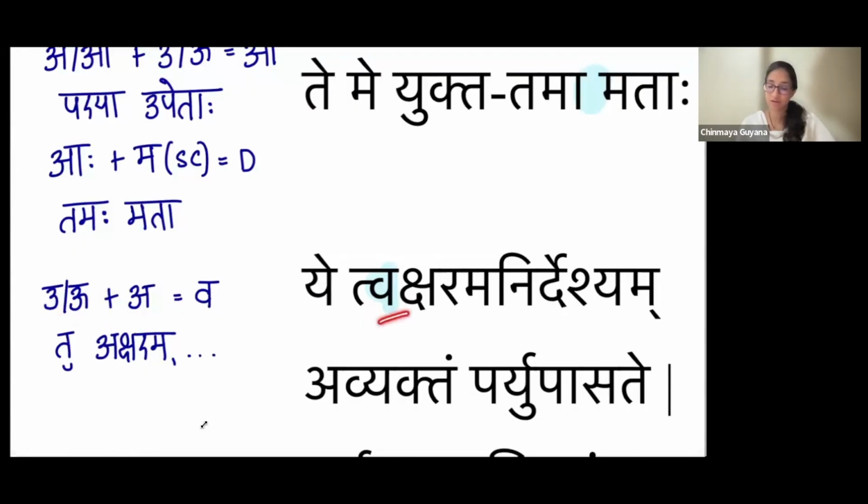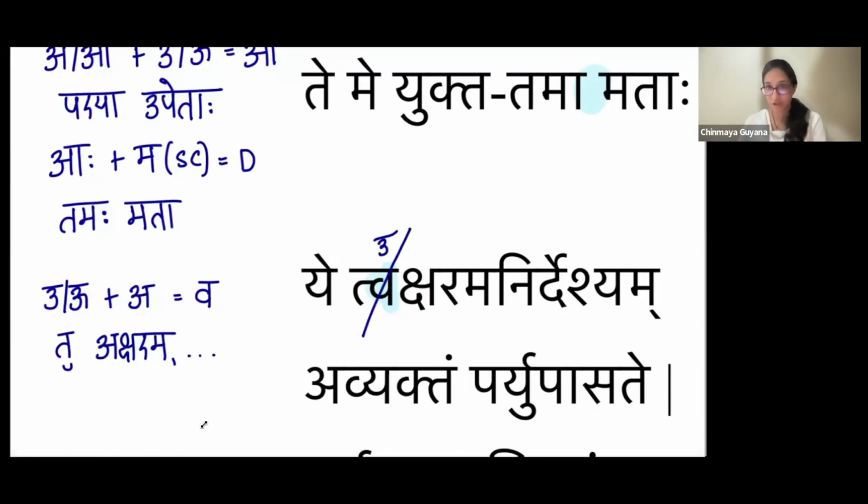What is the vowel here? So you have u meeting a. And the end result is you get a v. So now the v is broken. The u from the v goes with the ta halant.